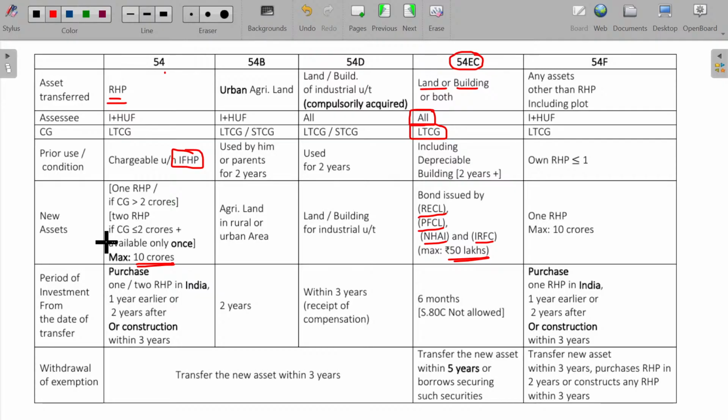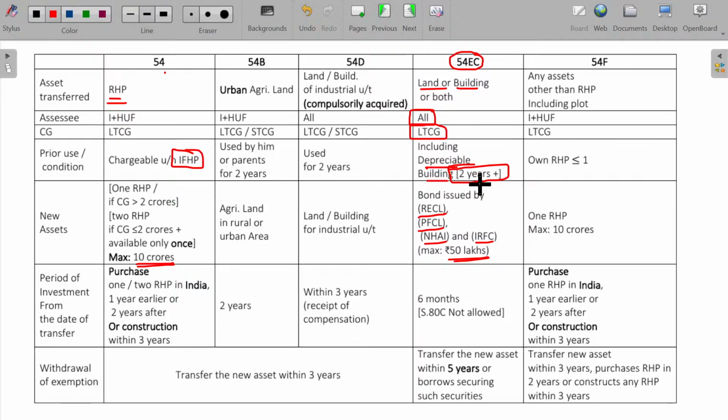If the own property is used for my own business, I cannot claim the income or expenses related to the house property under section 24, but it can be considered as a part of expenses in the PGBP head. You are eligible for claiming the depreciation. All the maintenance expenses can also be debited. So, including depreciable building, that building or land used by you for at least 2 years and more. Okay.